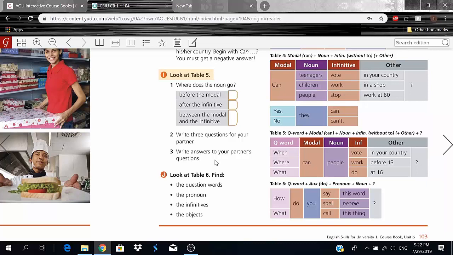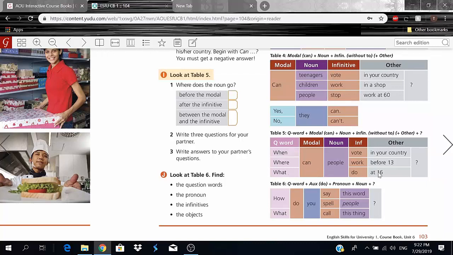So if I tell you, for example, when can teenagers vote in your country? You can't say to me, yes they can, or no they can't. That's not a valid answer anymore. So you have to give me a more specific answer. For example, they can vote when they turn 18. They can vote when they grow a little older. You get the idea. I could say, what can people do at 16?